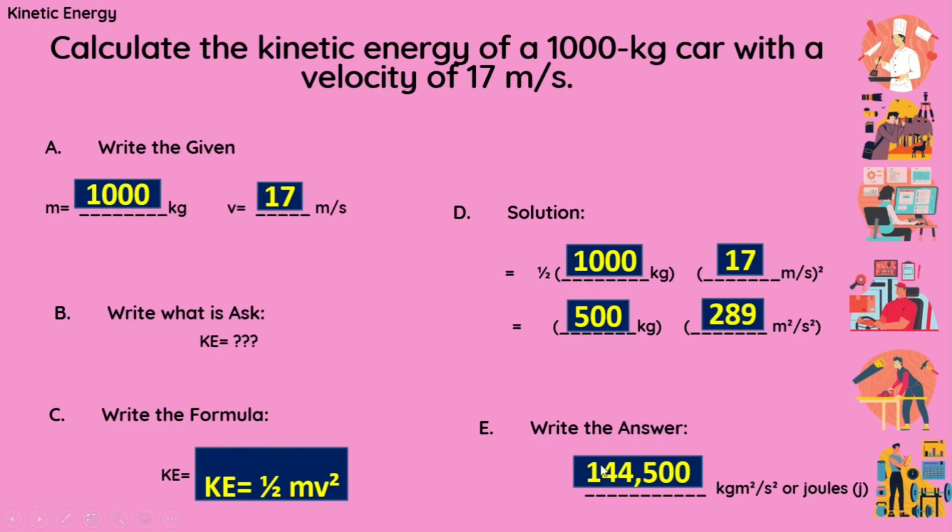Even if you have answered 144,500, kung walang nakalagay na unit, magiging mali yung sagot nyo. So, kailangan mayroong unit. So, dahil sa presentation na ito or sa video lesson na ito ay nakalagay na yung unit, yung mismong answer na number na lang yung isusulat ninyo. But, kung hindi given yung unit, huwag nyong kakalimutan.